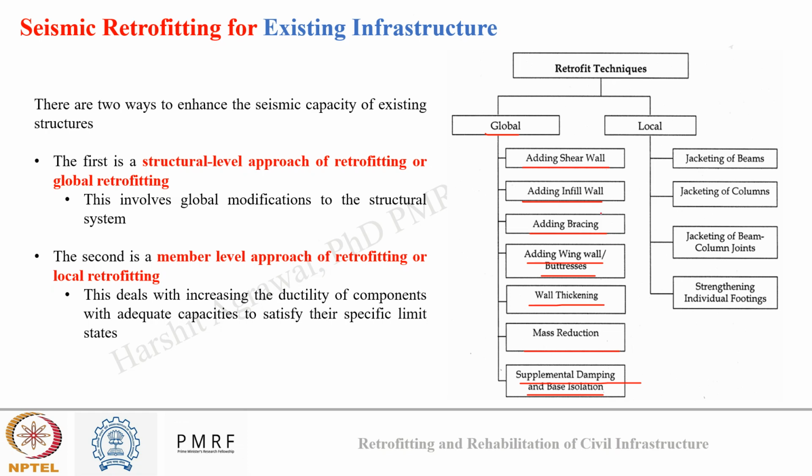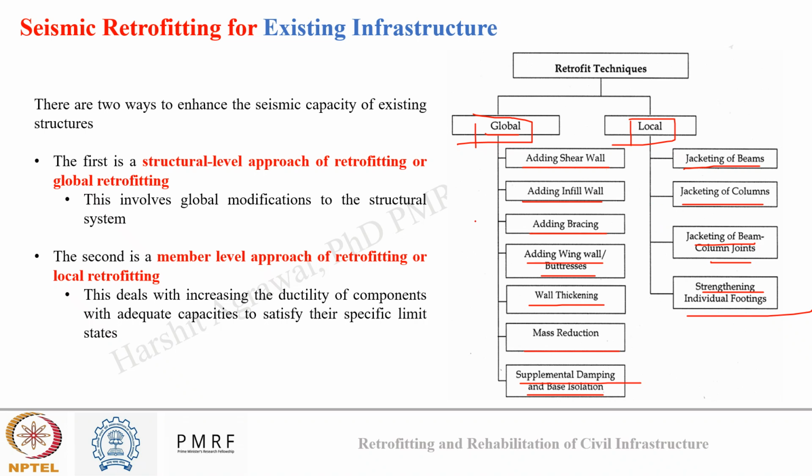All these techniques that were highlighted in the last session come under global retrofitting measures. And in local retrofitting measures, what comes? Jacketing of beams, jacketing of columns, jacketing of beam column joints, and strengthening individual footings. So all these come under local retrofit.